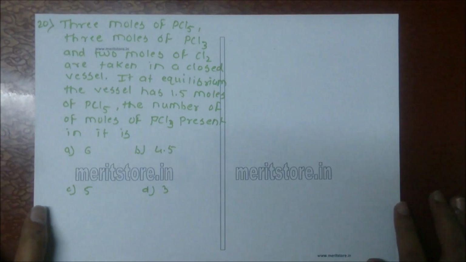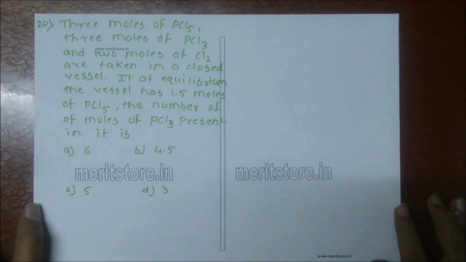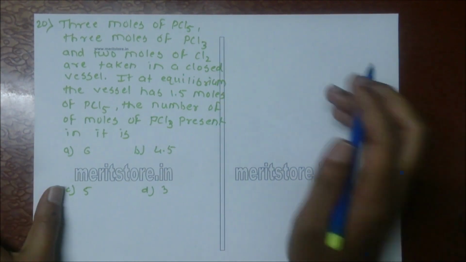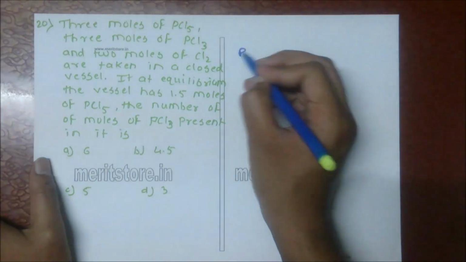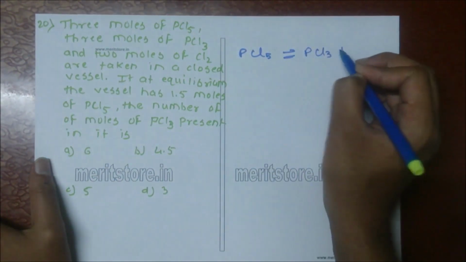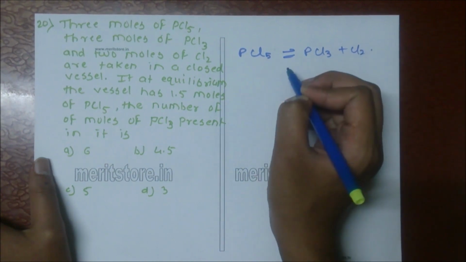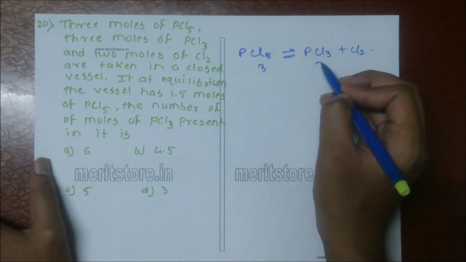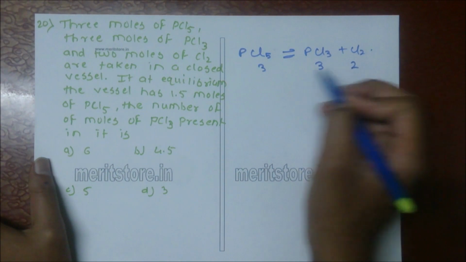The following question is, 3 moles of PCl5, 3 moles of PCl3 and 2 moles of Cl2 are taken in a closed vessel. At equilibrium, the vessel has 1.5 moles of PCl5. The number of moles of PCl3 present in it is? So the reaction is PCl5 gives PCl3 plus Cl2, with initial moles 3, 3 and 2.